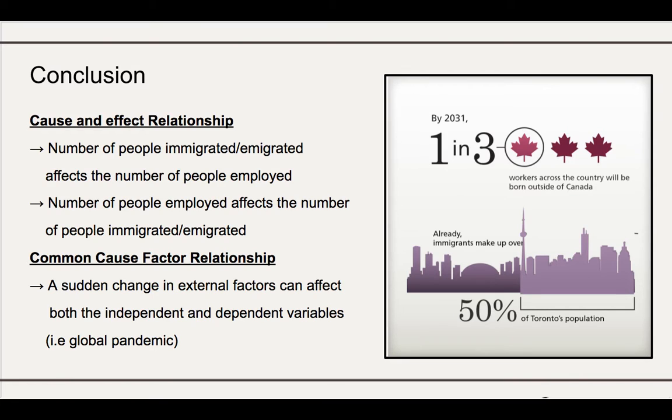As a country's employment rate increases, the number of immigrants increase, and as the number of immigrants increase, employment rate also increases, and vice versa. And like I said earlier, there are many external factors that can affect both of these variables. For example, the global pandemic affected the employment rate, and the number of people who emigrated and immigrated.